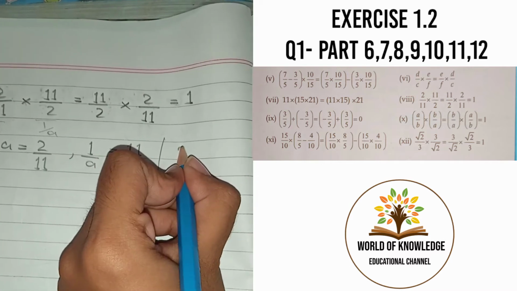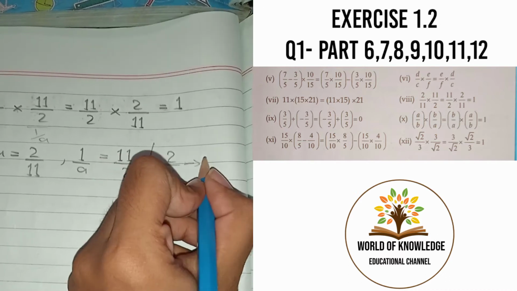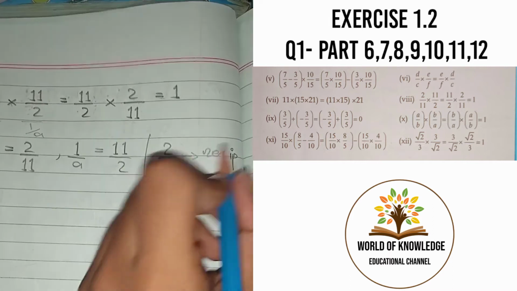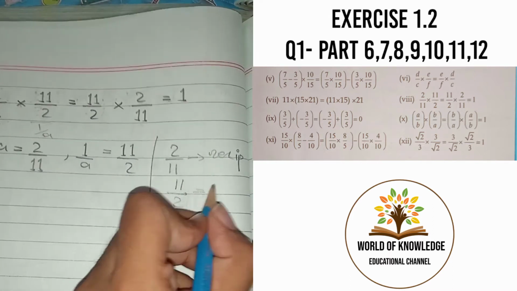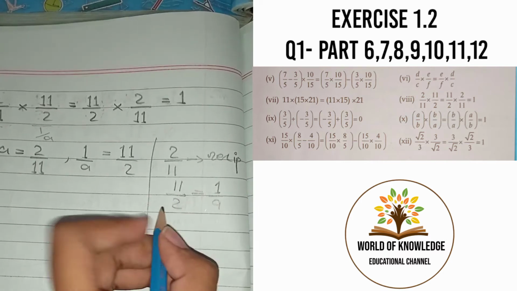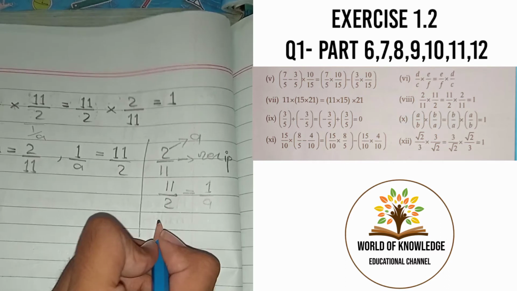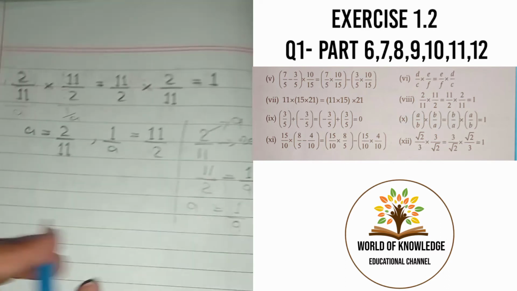As you will see, when we take the reciprocal of 2 upon 11, 11 goes up and 2 comes down, so it will be 11 upon 2, and it will be equal to 1 upon a if we take 2 upon 11 equals a.